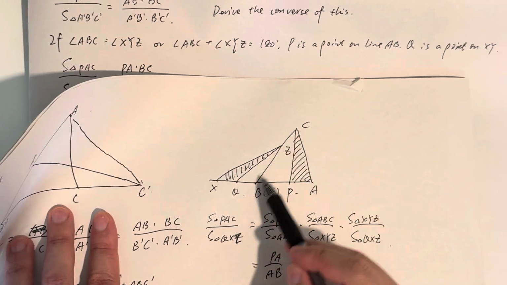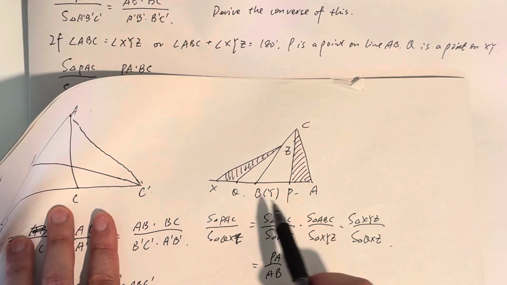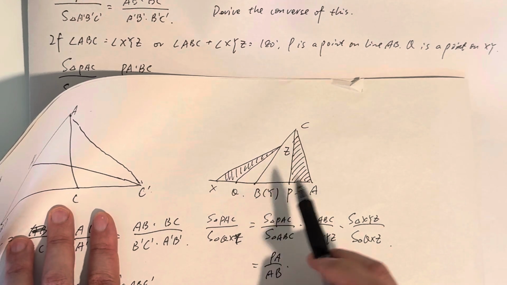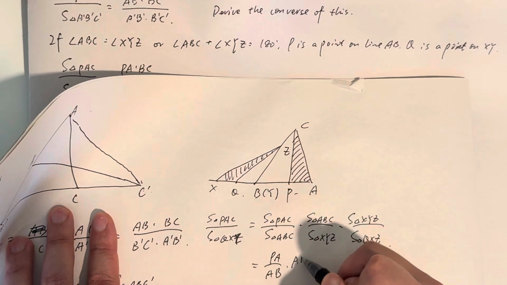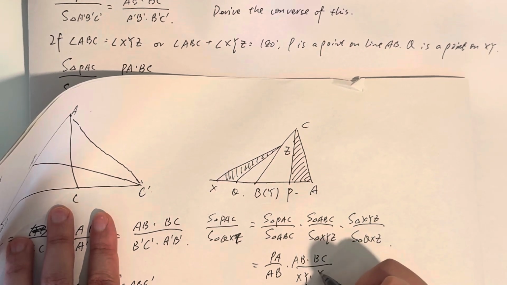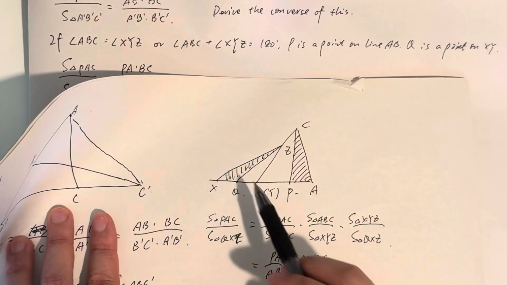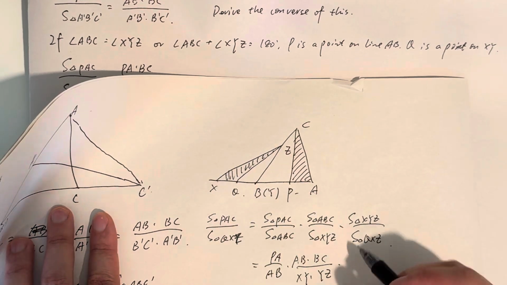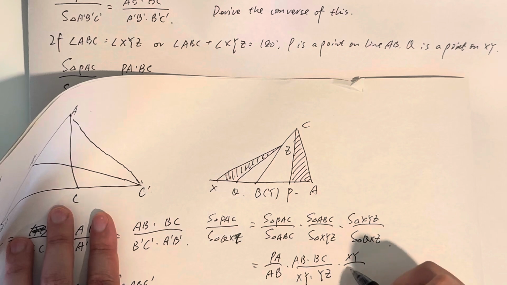So it equals, the area of triangle PAC to ABC is PA to AB. The area of triangle ABC to XYZ, because we already know that angle ABC plus angle XYZ equals 180 degrees, we can directly write it down: AB times BC to XY times YZ. And the area of triangle XYZ to the area of triangle XQZ is XY to XQ.